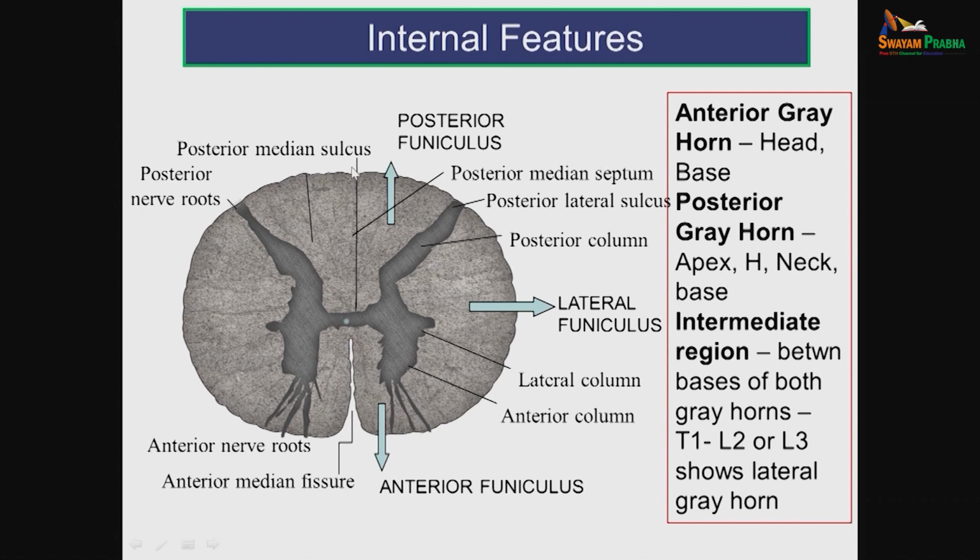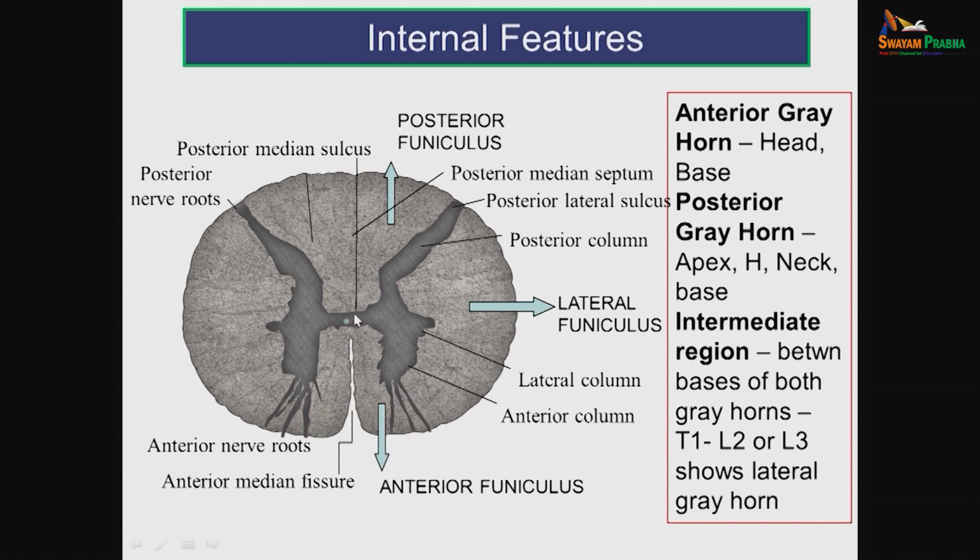Look at the posterior aspect. I already mentioned this is posterior median sulcus. This is the posterior median sulcus, and from there you can see the posterior median septum. When I talked about the external features, I told you there is a neuroglial tissue, a septum, which is extending from the posterior median sulcus into the cord, that is called as posterior median septum.